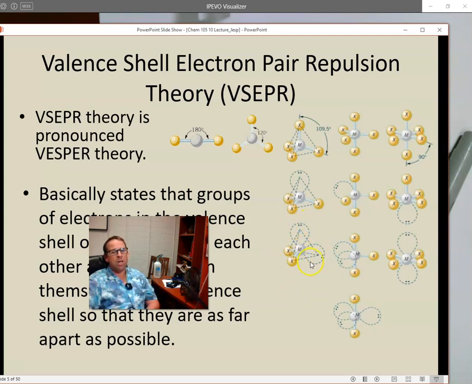So what would the shape of those 4 regions of electron density be? What do we call that shape? It would be tetrahedral. Tetrahedral, that's right. And the angle between these bonds, what would that angle be? They would be 109.5. That's right, 109.5.